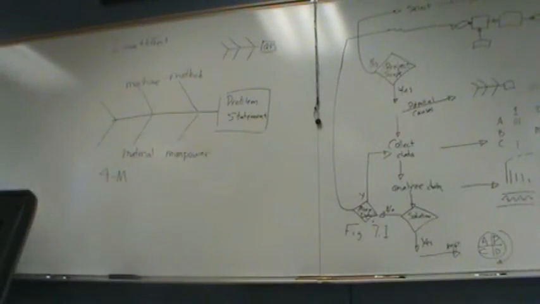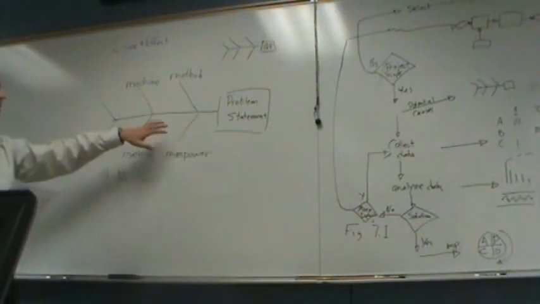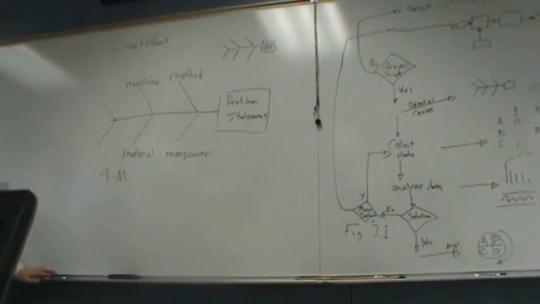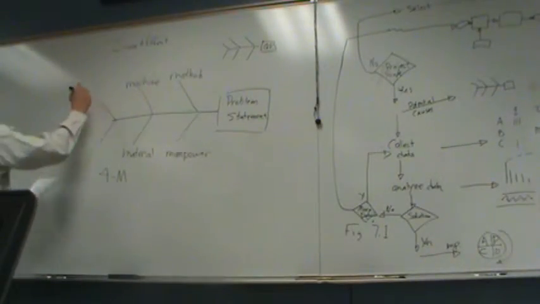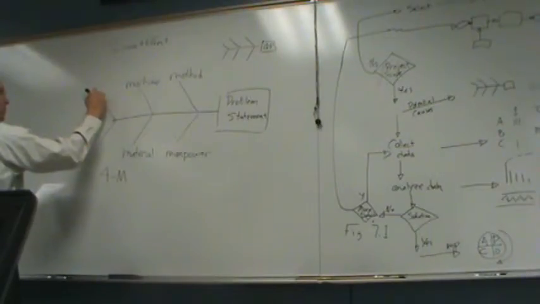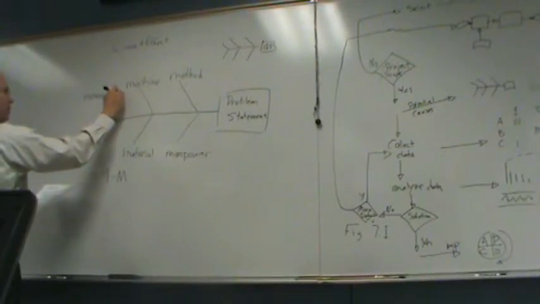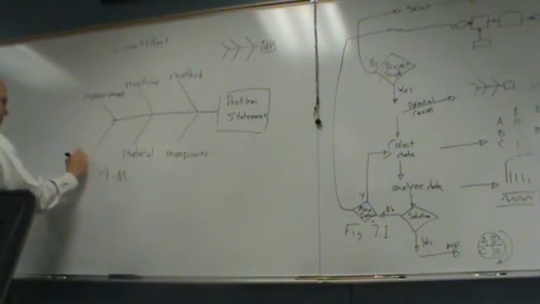And the reason it's called the 4M is frequently a problem statement can be broken into these four main aspects of that. We can add a couple extra ones to that: measurement and the environment.